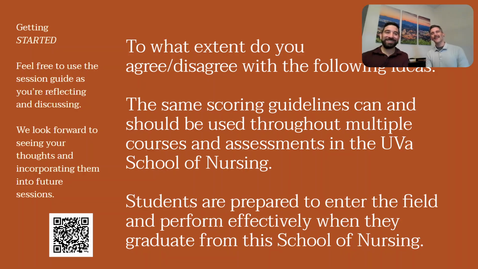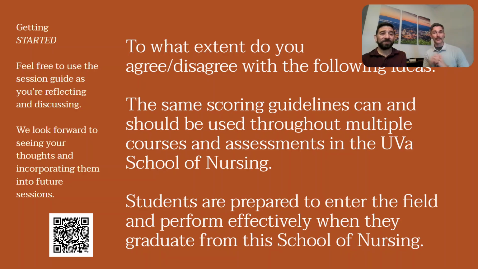We're going to start with a quick anticipatory set and pause. So we want to throw out some questions to get you thinking, a quick agree, disagree, Likert scale on both of these. And if you have any thoughts or feedback, feel free to use the session guide to record that. It will send you a copy of your responses. But think about this question, everyone. Could we use the same scoring guidelines throughout multiple courses and multiple assessments in the UVA School of Nursing, taking one tool and applying it more broadly, perhaps?